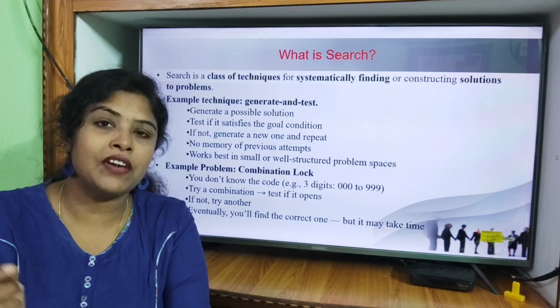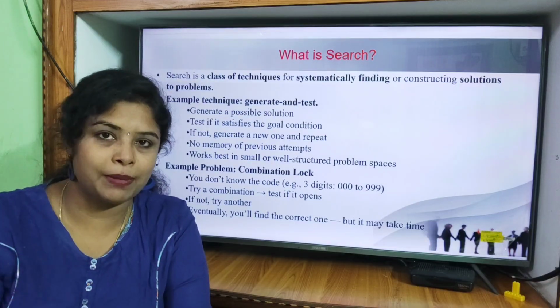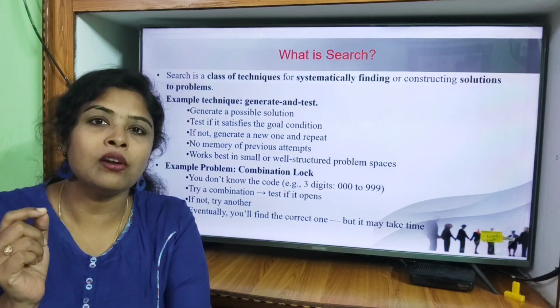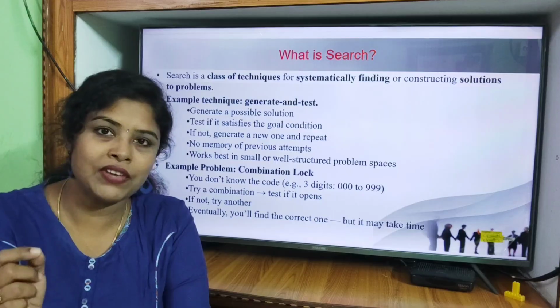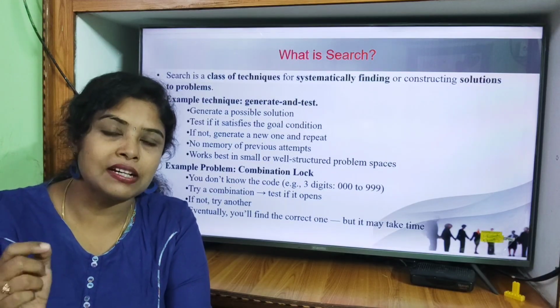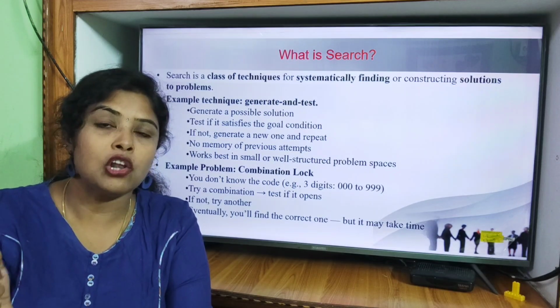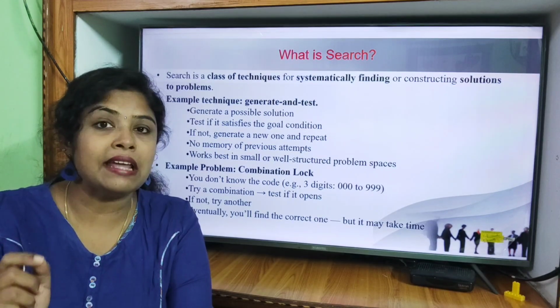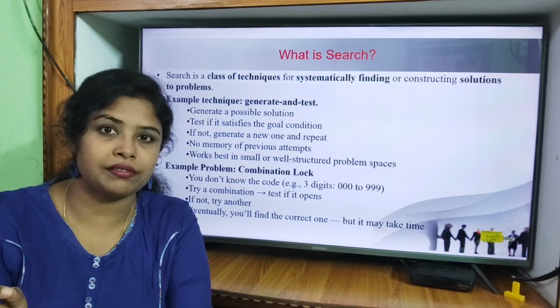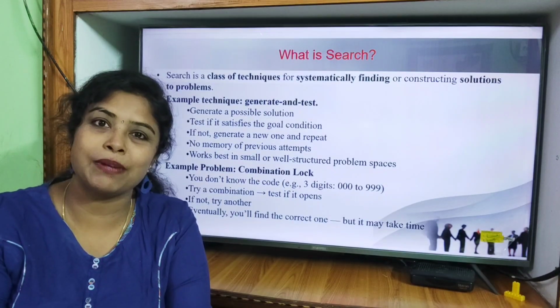In reality, when you want to know where a person is, we go and search for the person, right? If we are looking for him in the right place only, we can find the solution. Similarly, when our AI search algorithm is getting executed logically and correctly, then only we will arrive at the solution. Now let us get into the search techniques and dive a little deeper in it.